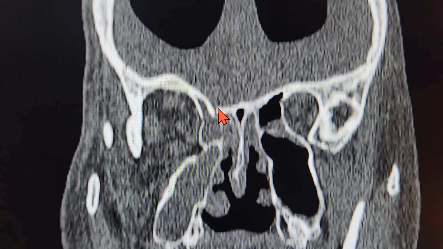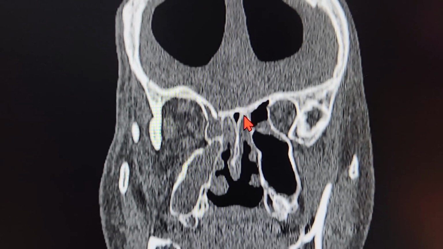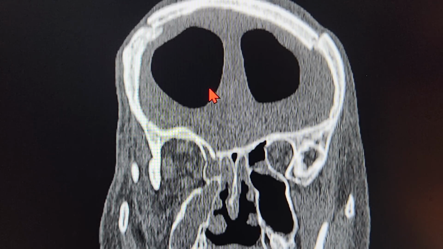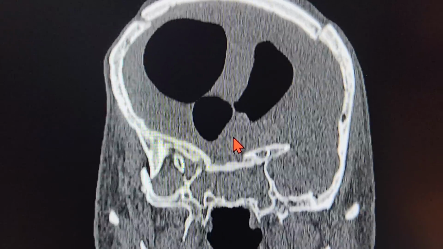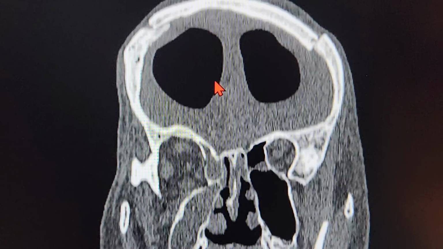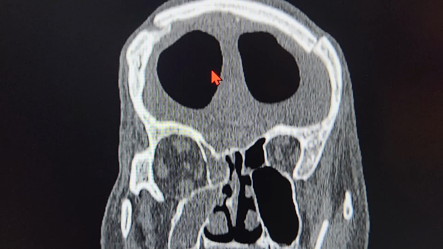There's no bone actually. There's a discontinuity in the skull base over here, so probably you can see the amount of air foci in the brain is immense. That is basically pneumocephalus as a result of the ball valve effect.